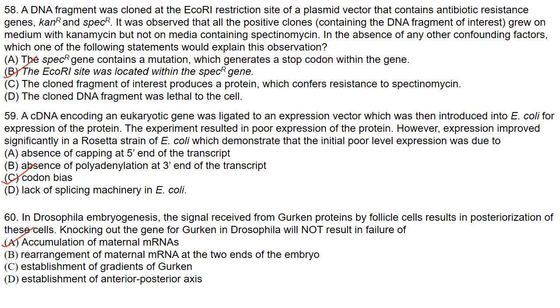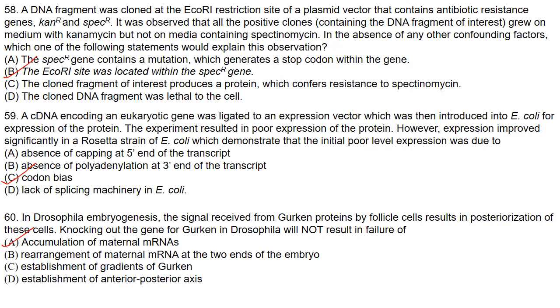A cDNA encoding a eukaryotic gene was ligated to an expression vector which was then introduced into E. coli for expression of the protein. The experiment resulted in poor expression of the protein. However, expression improved significantly in a Rosetta strain of E. coli, which demonstrates that the initial poor level of expression was due to.